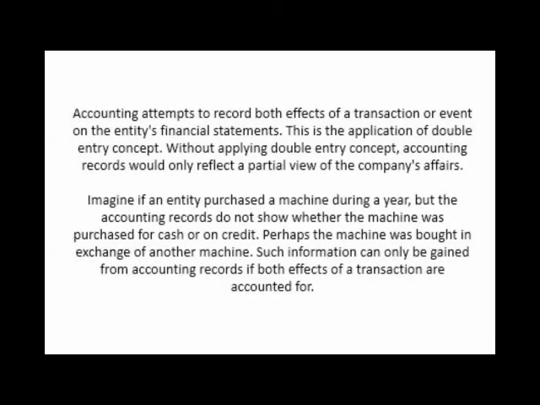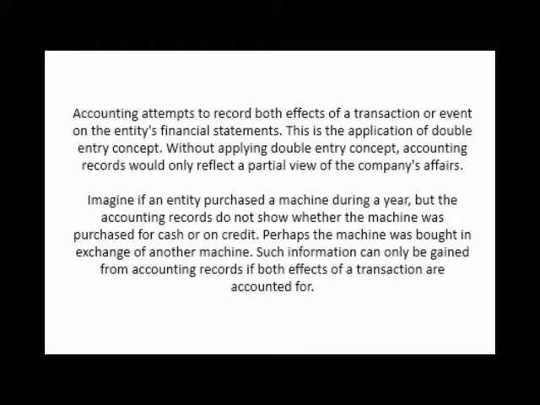Accounting attempts to record both effects of a transaction or event on the entity's financial statements. This is the application of the double entry concept. Without applying the double entry concept, accounting records would only reflect a partial view of the company's affairs.